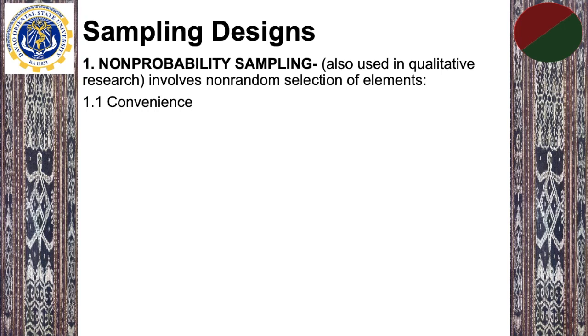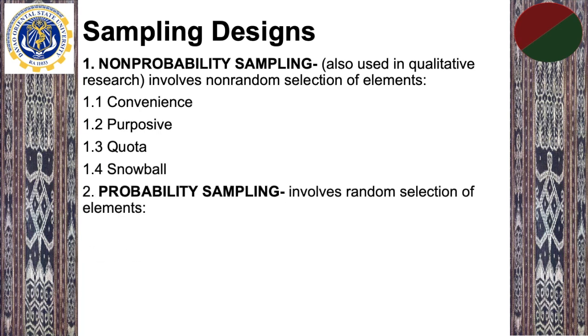And non-probability sampling also has various types. First, we have convenience, and then purposive, quota, and snowball. But it doesn't mean that non-probability sampling is no longer significant in conducting health research. Then there's probability sampling.